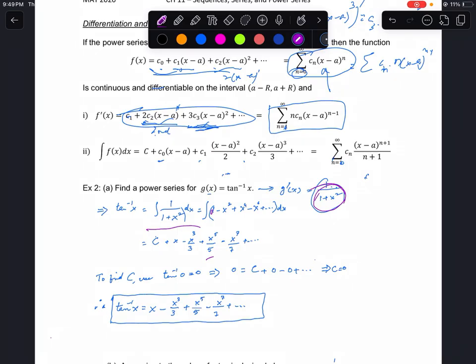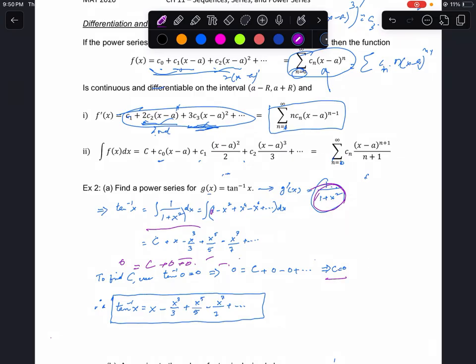So the left hand side is 0, which means c is 0. Because we are getting 0 equals c plus 0 plus 0 minus 0 plus 0 minus 0 plus 0. So eventually this gives us c is equal to 0.